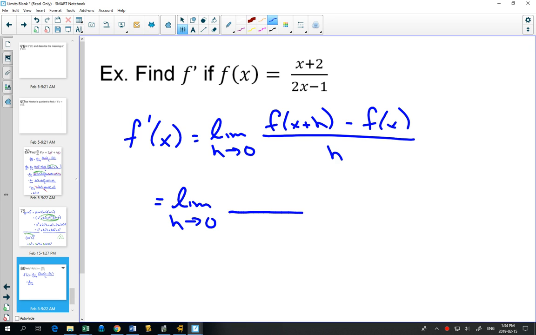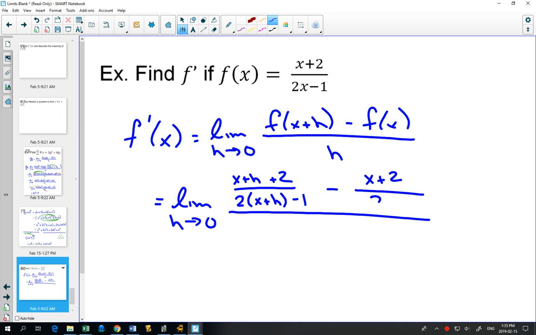Plug it in. So f of x plus h will be (x plus h plus 2) over (2 times (x plus h) minus 1), minus f of x, which is (x plus 2) over (2x minus 1), all over h.